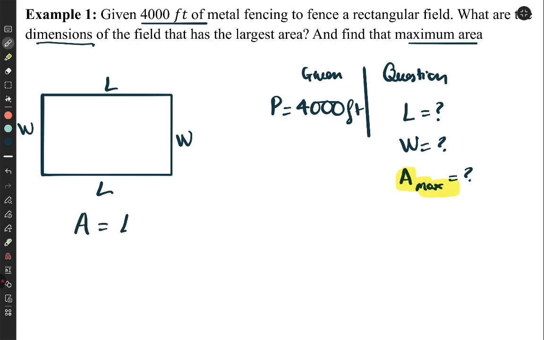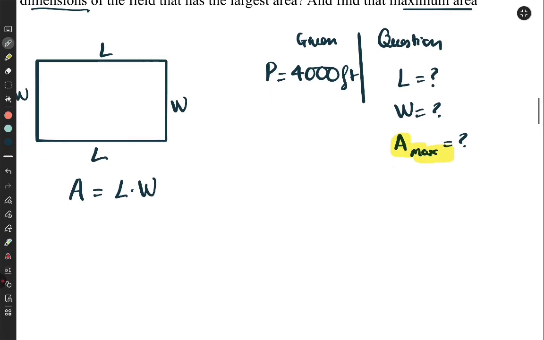Area is length times width. We want to maximize this one. In order to maximize this, we need to maximize these two, the dimensions.